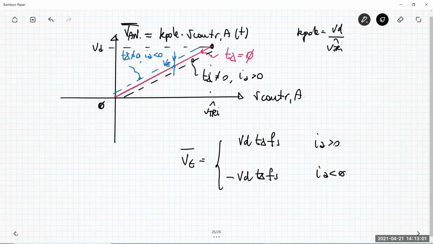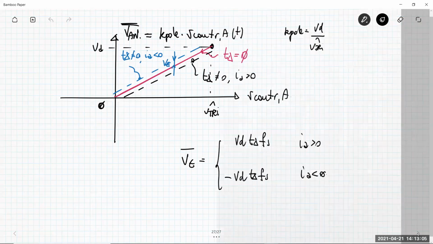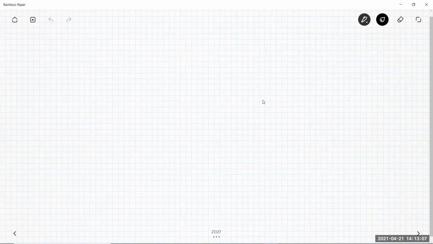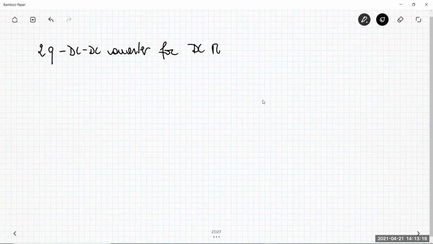Anyway, we discussed these circuits, which is a two-quadrant DC converter for DC motor, making possible the bidirectionality of the current.